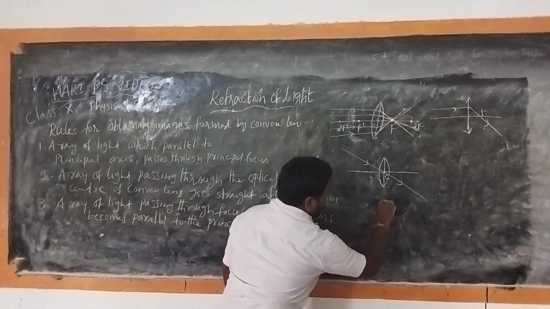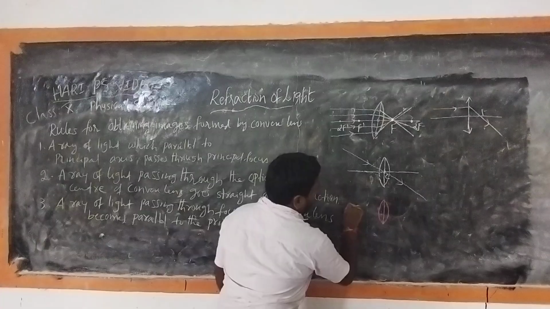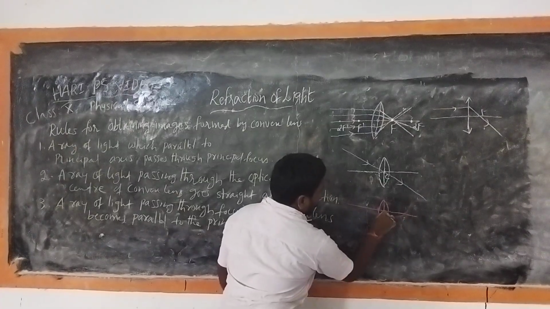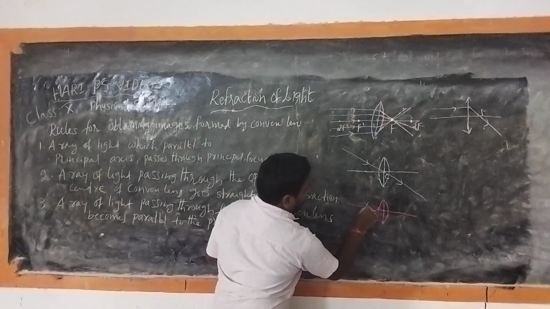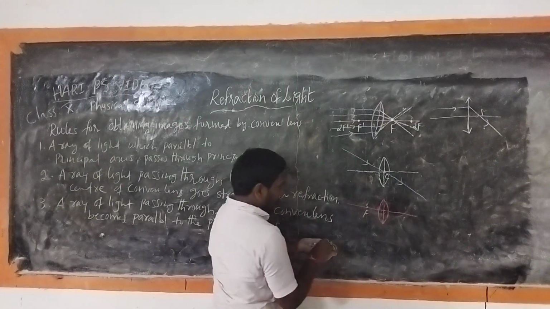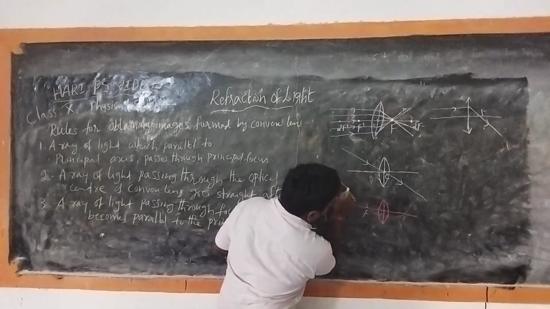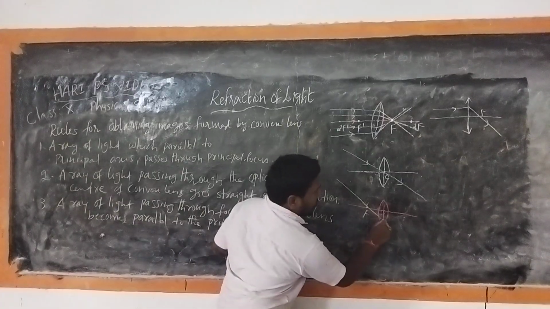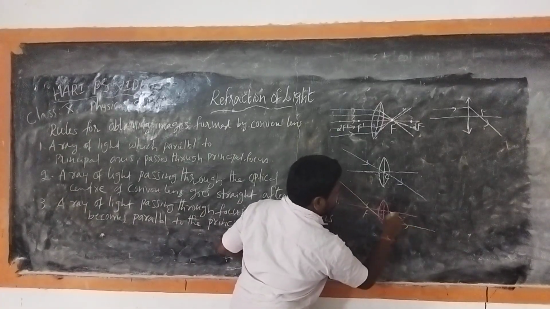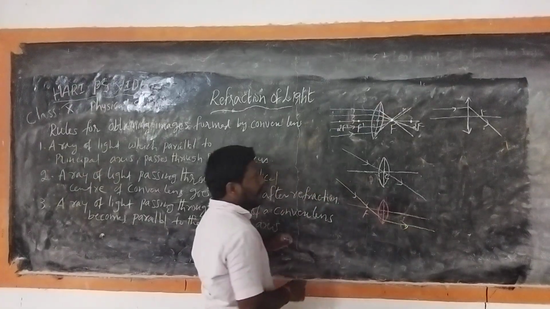So, a convex lens, principal axis, this is the center of the lens or the optic center. If the light ray is passing through the focus, after refraction it passes parallel to the principal axis.